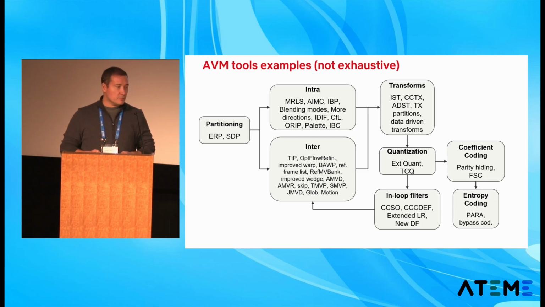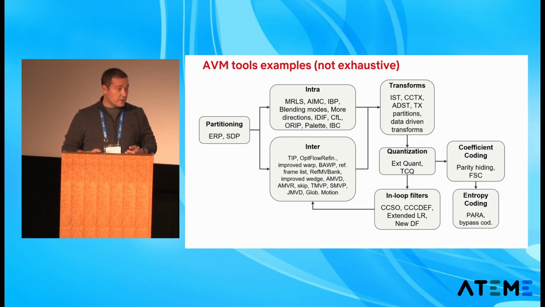Here you can see some examples of the coding tools that people worked on, split into different groups, like partitioning and inter-prediction. You can see that, for example, inter-prediction is a very popular field. Some tools bring pretty big gains, like TAP, for example.